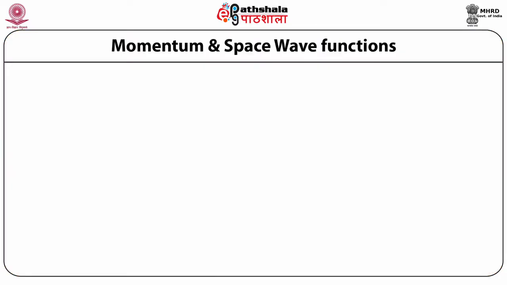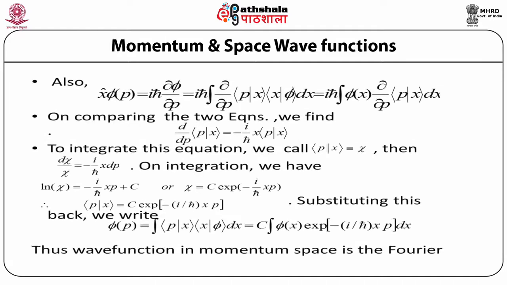Momentum and space wave functions. We can also see that operator x acting on wave function phi(p) is equal to i h cross del by del p phi, which is equal to i h cross integration over dx del by del p bra vector p ket vector x, bra vector x ket vector phi, and this is equal to i h cross integration over dx phi(x) del by del p bra vector p ket vector x.